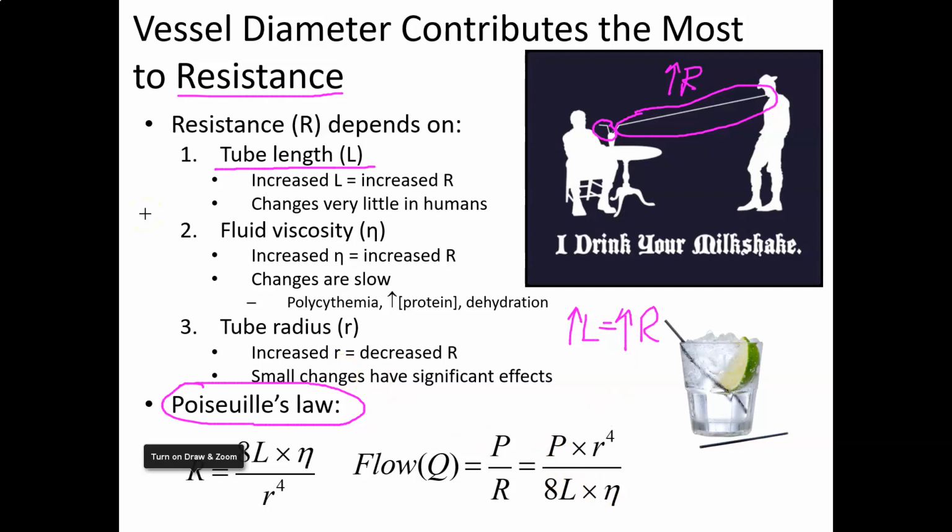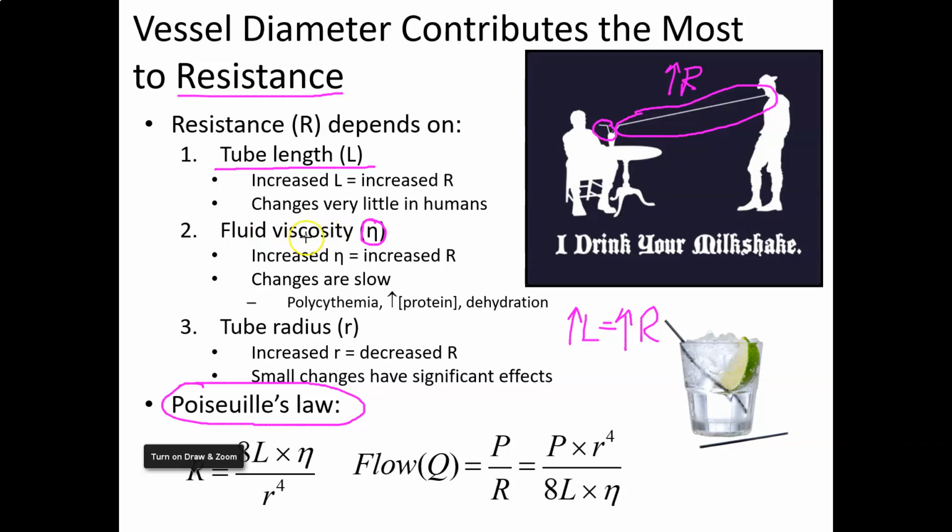Now, the second factor is viscosity. We can't use V for viscosity because that's used for a whole bunch of different things, especially in physics, like velocity, so they use this handwriting N symbol. Viscosity refers to the thickness of the fluid.